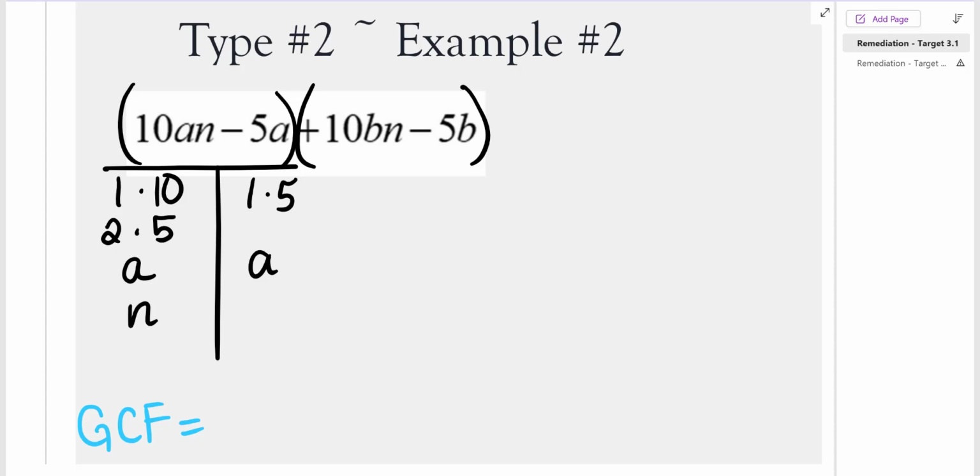Then over here, I have 5. So my factors are 1 times 5, and I have 1a. So what is the greatest common factor? The biggest number they have in common is 5. And they both have an a. So the GCF is 5a.